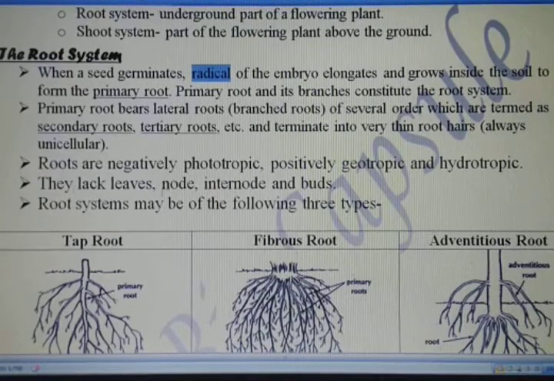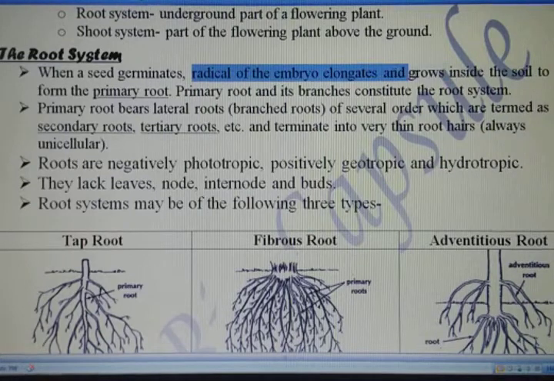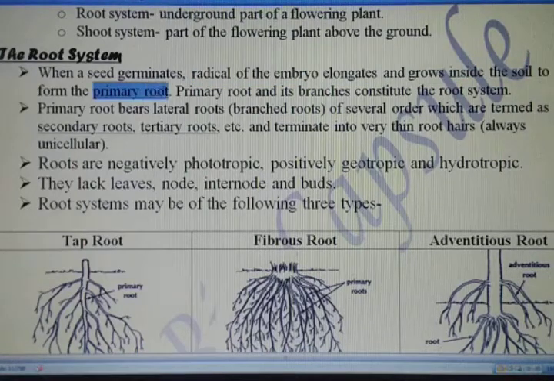So that means, when the seed germinates, the radicle of the embryo elongates, becomes longer, and grows deep into the soil, and that forms the root. That initial root is called the primary root.